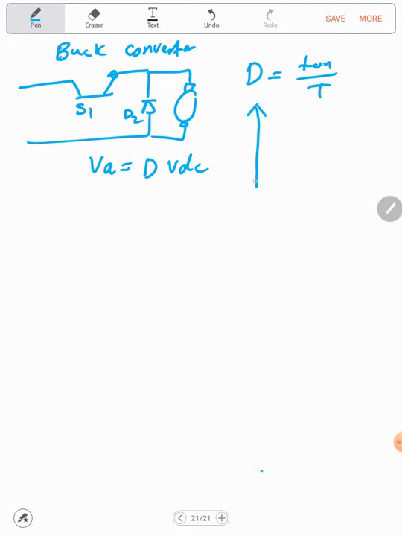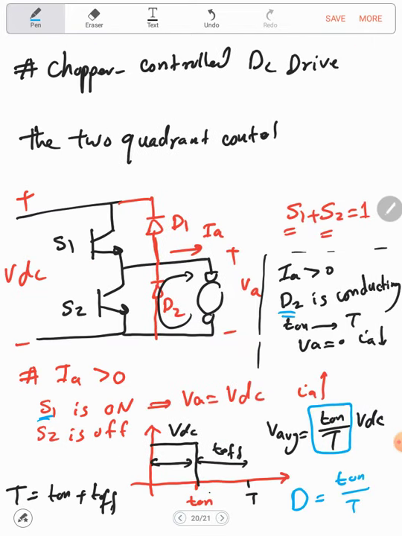So if we plot VA as a function of the duty cycle, when the duty cycle equals 1, then VA will equal VDC. So VA is always less than or equal to the input, and that's why we call it the buck converter. Now let's discuss the second scenario, when the current is negative.